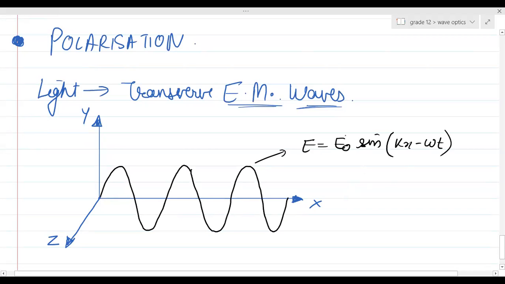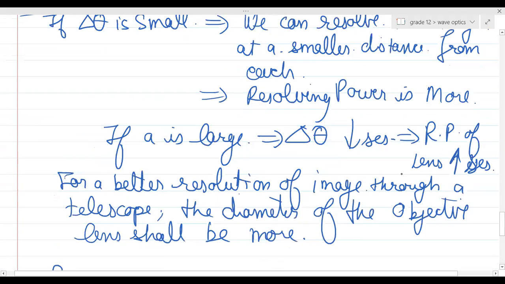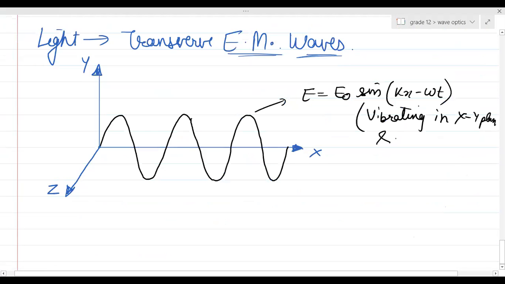Let's say it is vibrating in the xy plane and propagating along x.